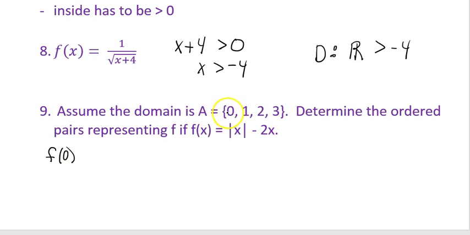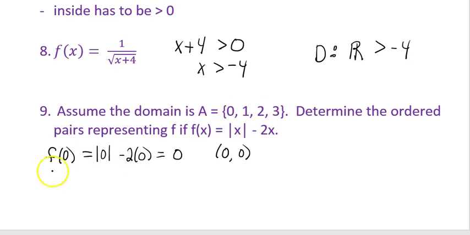I'm going to plug in 0. That would be absolute value of 0 minus 2 times 0. Well, that's 0, this is 0, and 0 minus 0 is still 0. That means this gives me the ordered pair 0, 0. Because the x value that I plugged in was 0, and what I got out was 0.